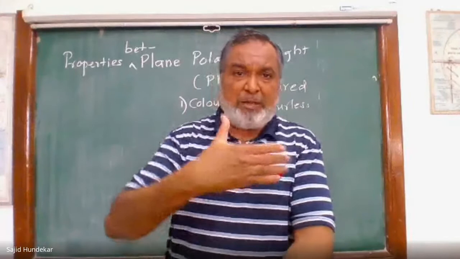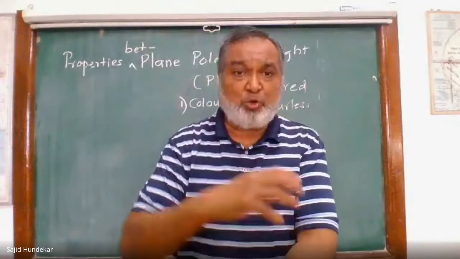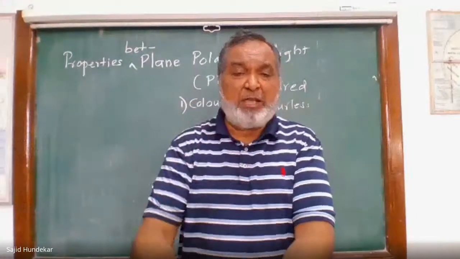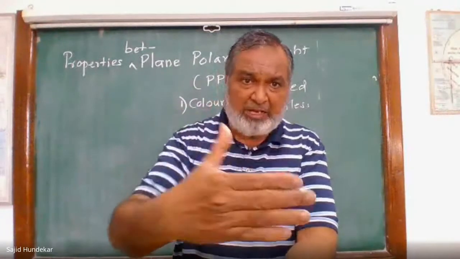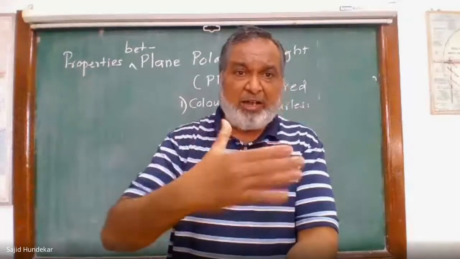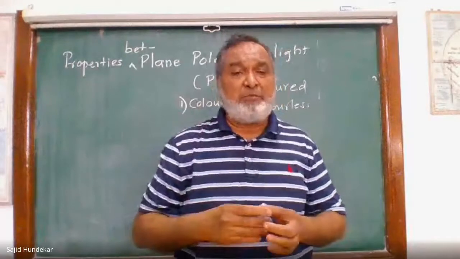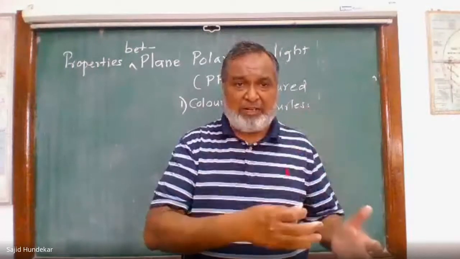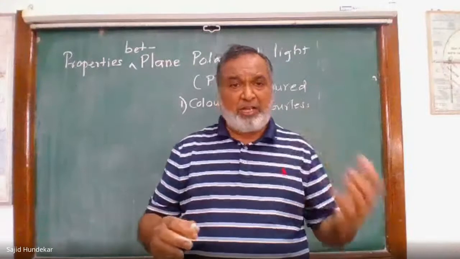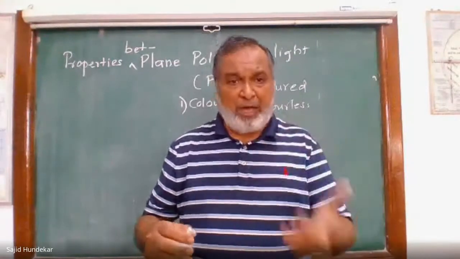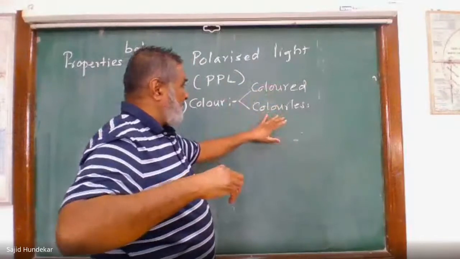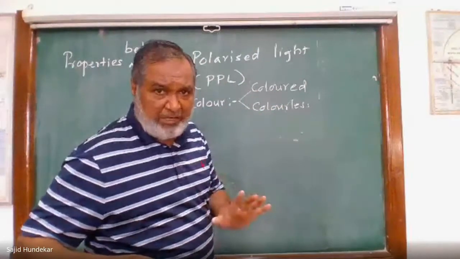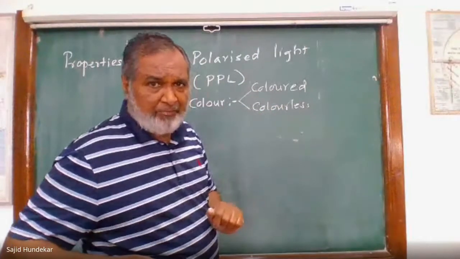Pink color: only pink rays will be reflected back, so that mineral will appear pink. Green, light green or dark green: only the light green or dark green rays are reflected, so that mineral appears light green, dark green, light yellow, dark yellow, brown. So these are the shades. So simple, we have colored and colorless. Any doubt about this one property?